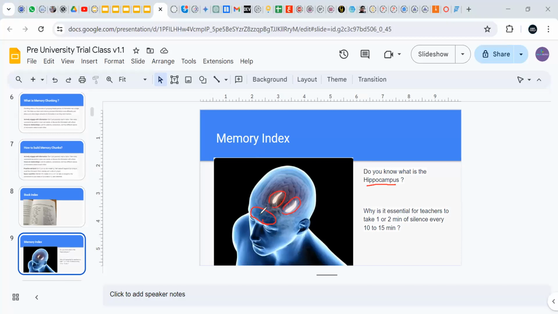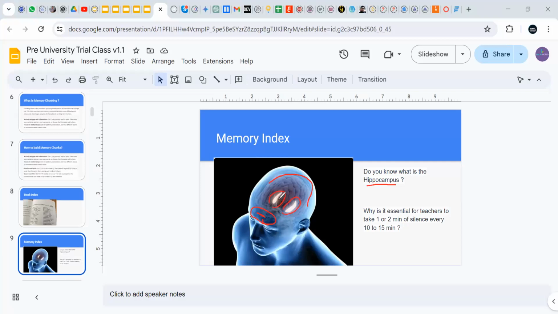The one who orchestrates passing the information from the short-term memory, which is here, to the long-term memory that covers all around this area, is the hippocampus. So the hippocampus acts like the index of a book, indexing the information in your brain.